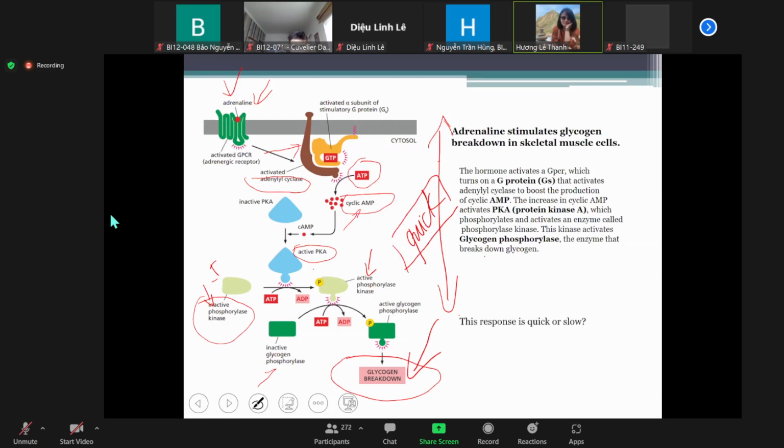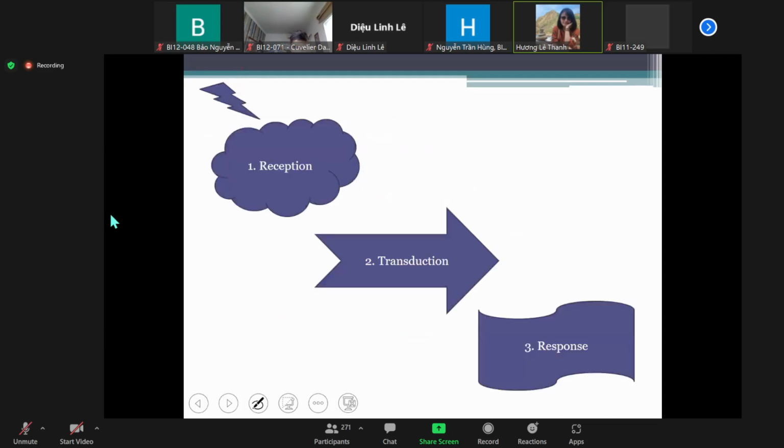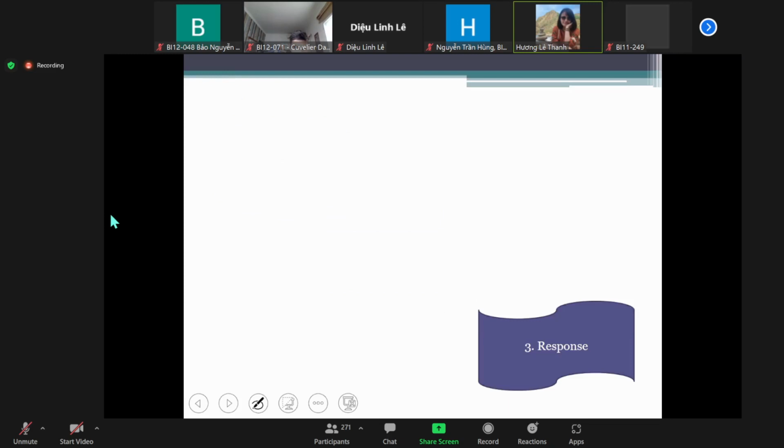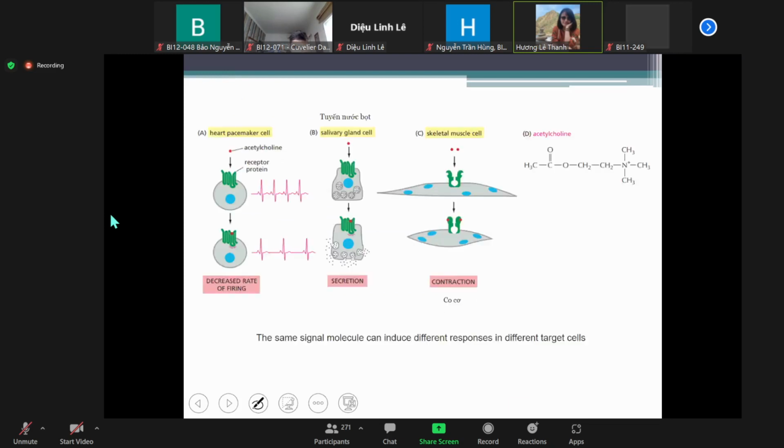So what about the response? It's about the signal transduction, how the information the cell receives can be transmitted to the target, and then how the cell can respond. The third part, how the cell responds, we can discover in this part. First, the same signal molecule can induce different responses in different target cells.